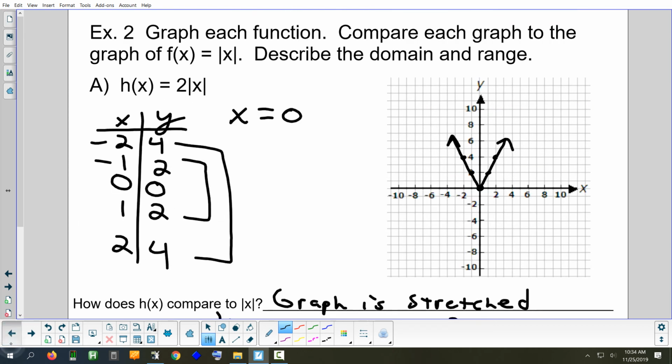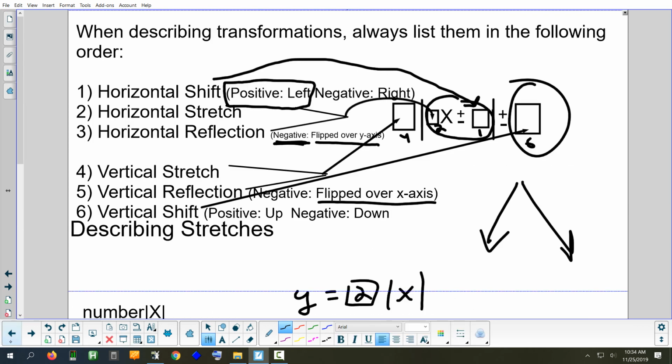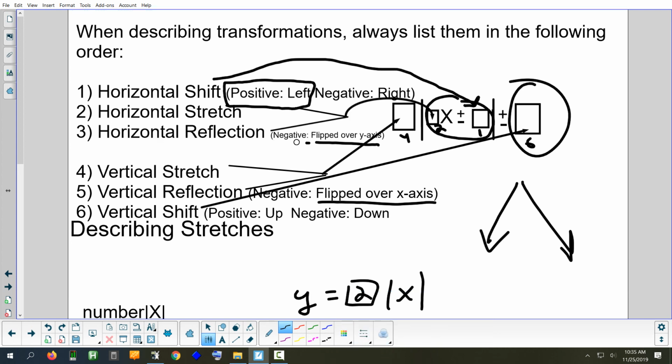It's a negative in the front. So look at your chart. It says right here, if there is a negative in box 4, what does it say happens?